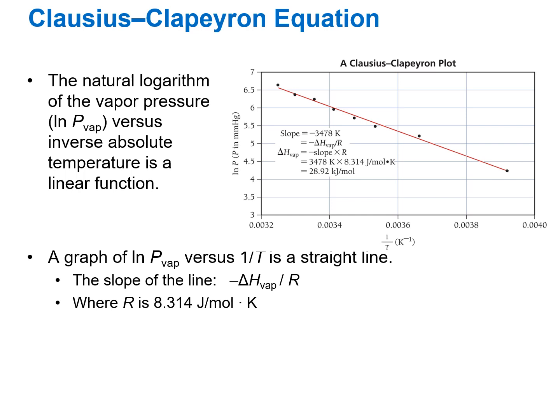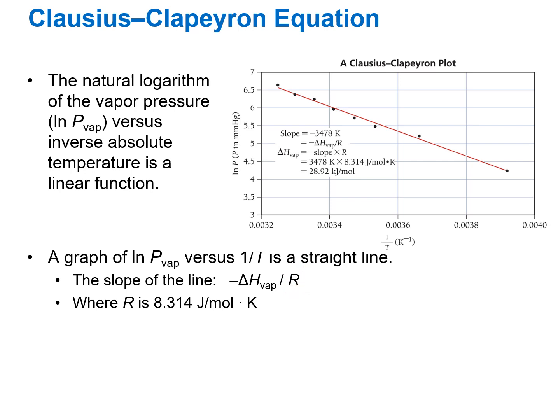And then if they do some mathematical rearranging, they can actually calculate the enthalpy of the vapor pressure. The graph of the logarithm of the vapor pressure versus the inverse of the temperature is going to be a straight line. That's what we just set up here. And they give the slope of the line as the enthalpy of the vapor pressure over this other value of the gas constant.